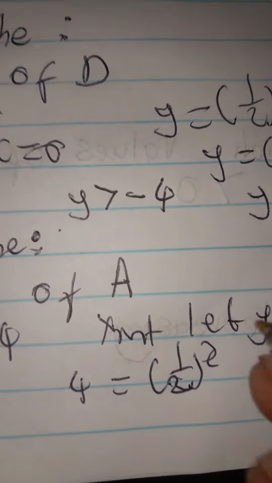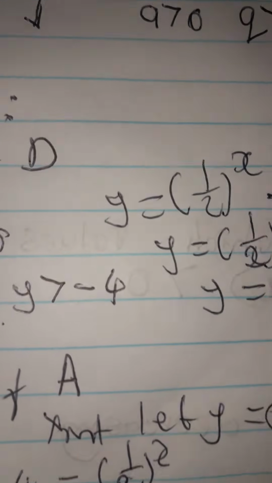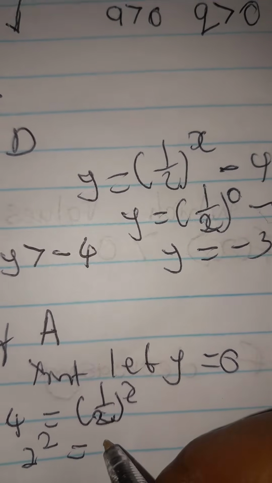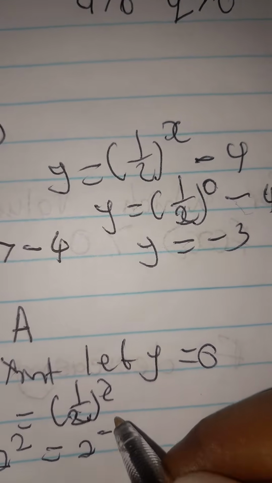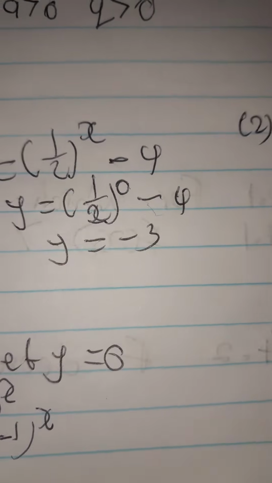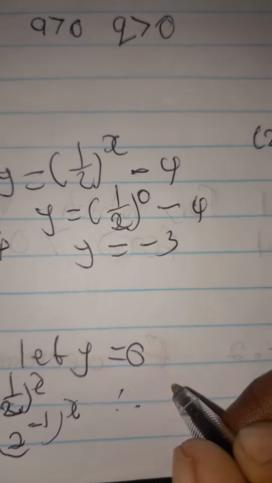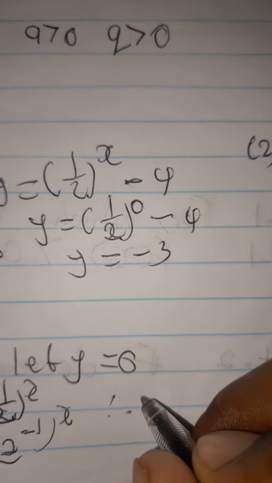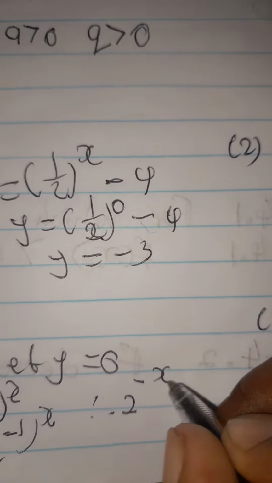So to make things simpler, since it's an exponential equation, we need to ensure that the bases are the same. You can change 4 to 2 to the power of 2. We can also change half to be a negative exponent. It will be 2 to the power of negative 1, all to the power of x. When we go further, we are going to have 2 to the power negative 1 multiplied by x. It will be 2 to the power of negative x.